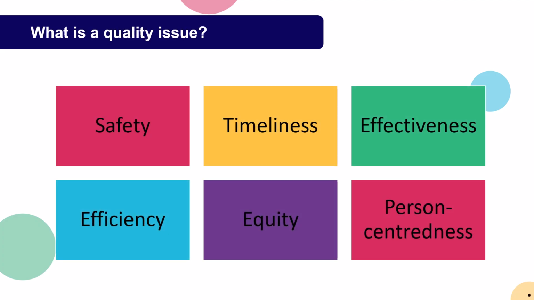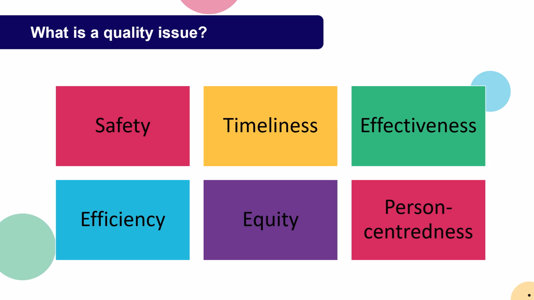So what do we mean by a quality issue? A quality issue in health and social care is any issue which negatively impacts patient safety, timeliness, effectiveness, efficiency, equity, or person-centeredness.